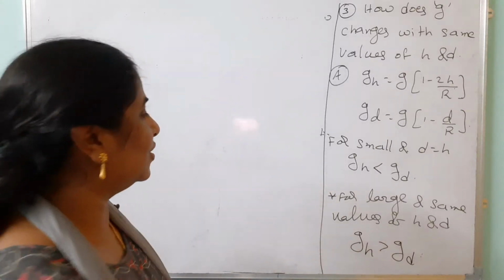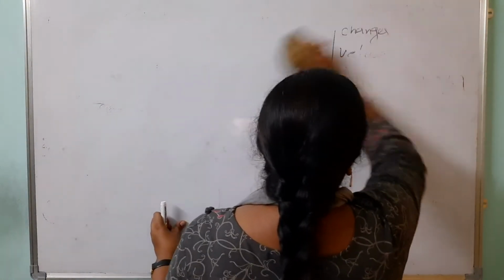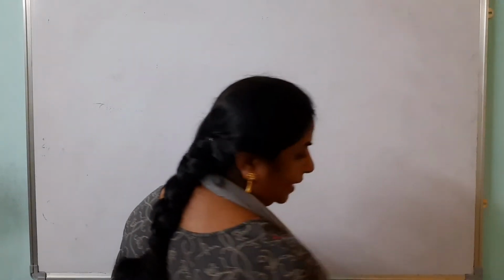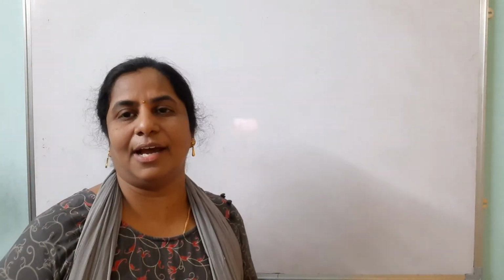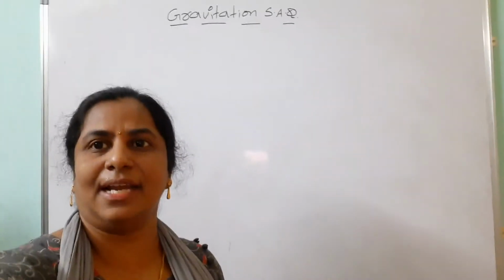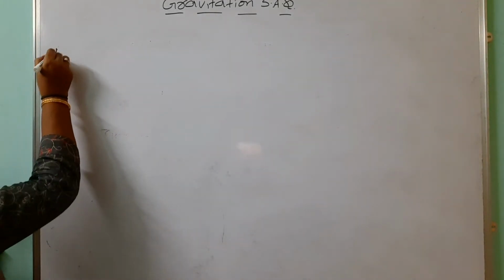Then our fourth short answer question is, what is the orbital velocity? Very, very important. Mostly from this chapter, the important questions are escape velocity, orbital velocity, geostationary satellite. But now we are going to discuss the fourth one, the orbital velocity.